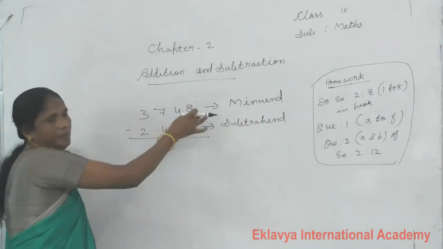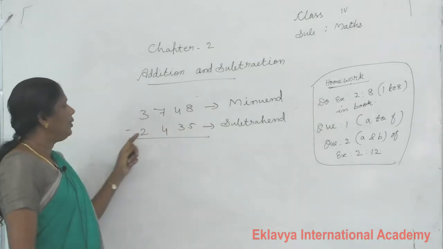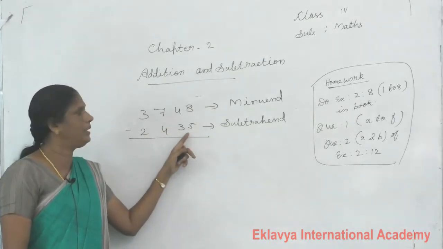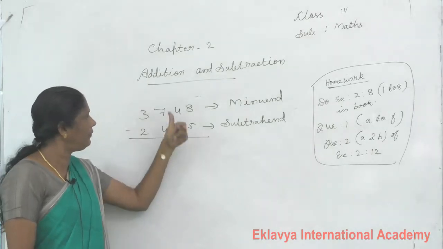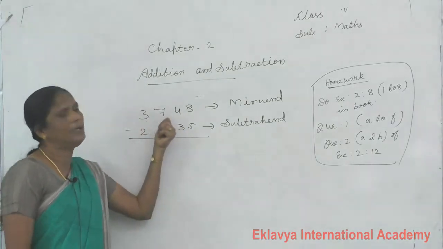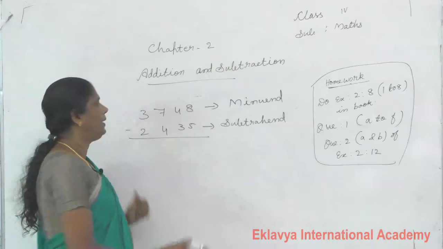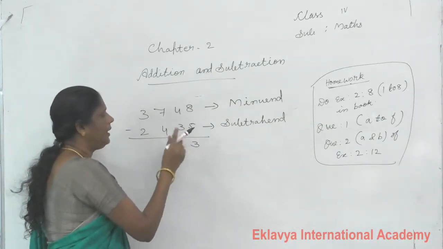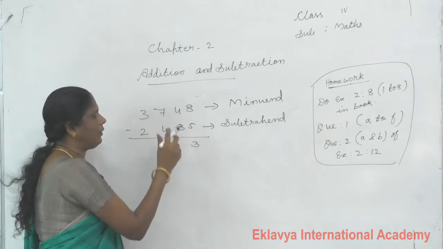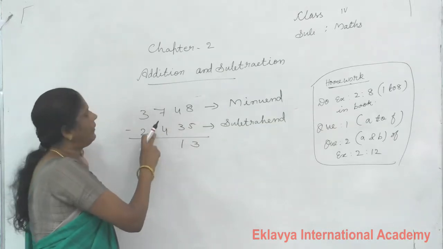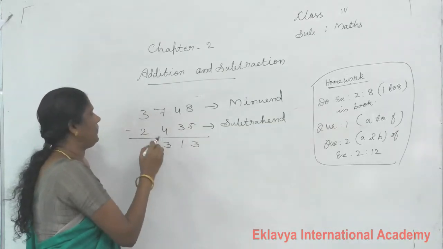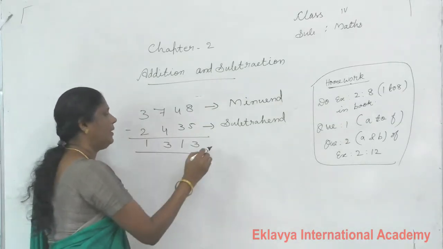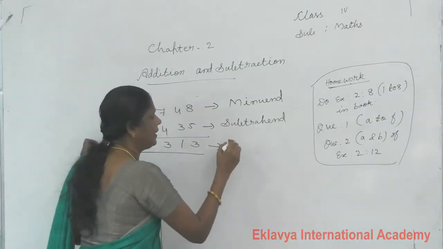Okay, then we subtract this number. 2435 is taken away from 3748. Then 5 taken away from 8, 3. 3 taken away from 4, 1. 4 taken away from 7, 3. Then 2 taken away from 3, 1. Then this is called difference.